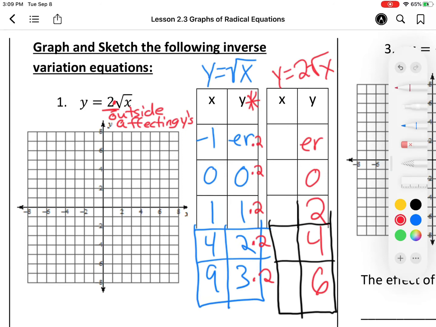So we would have our -1, 0, 1, 4, and 9 still. So if we wanted to graph this, we would have -1, error, which is nothing. 0, 0, 1, 2, 4, 4, and 9, 6. So it'd be right about here.